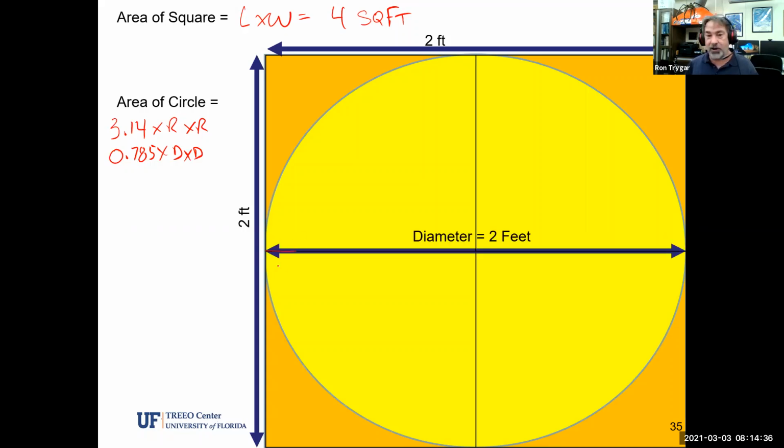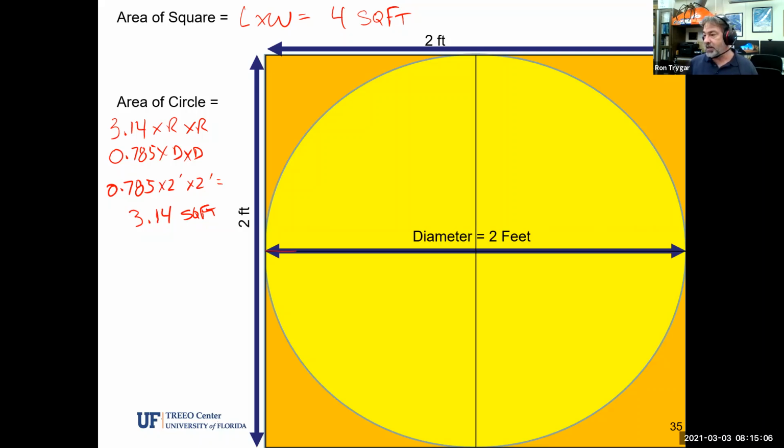Diameter is all the way across. We have a 2 foot diameter. We would say 0.785 times 2 feet times 2 feet. And let's see what we get. So 0.785 times 2 times 2, and I get 3.14 square feet. So my circular shape inside that square is 3.14 square feet.